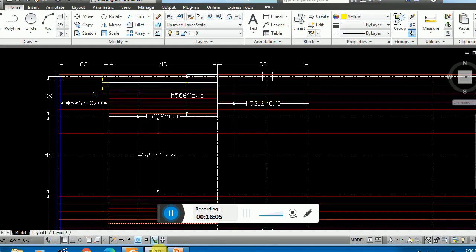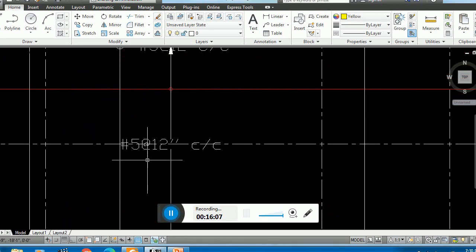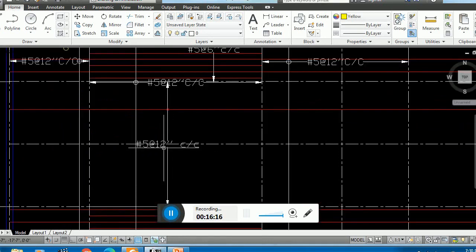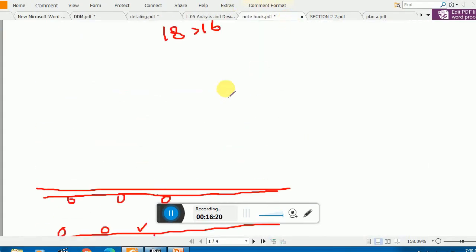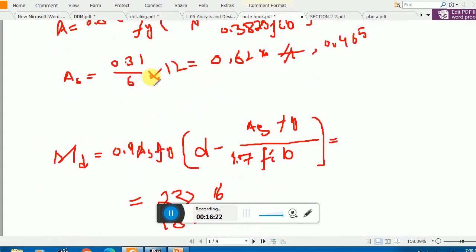Now we are using number 5 at the rate of 12 inch center to center. If you check its capacity, I think its capacity is about 12 to 30 inches almost. Let me check it from the same formula.